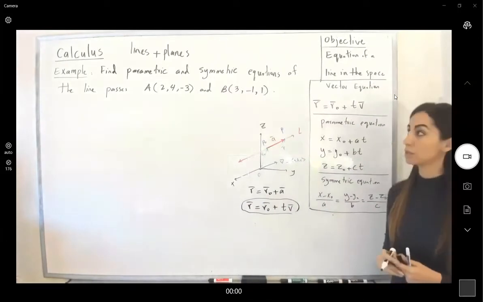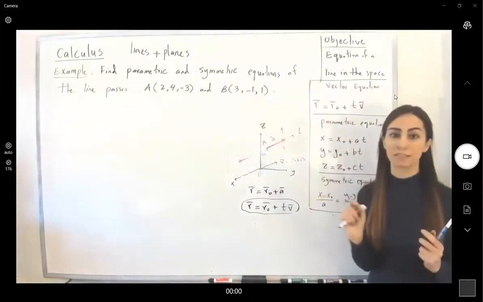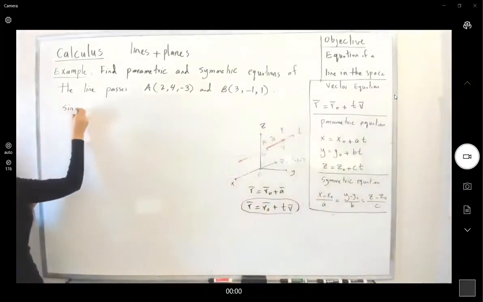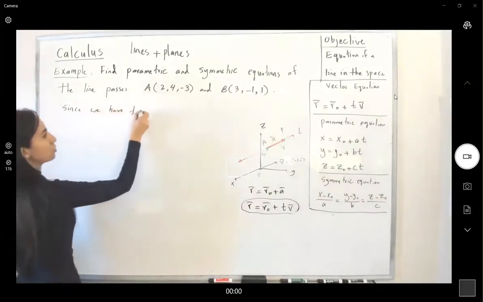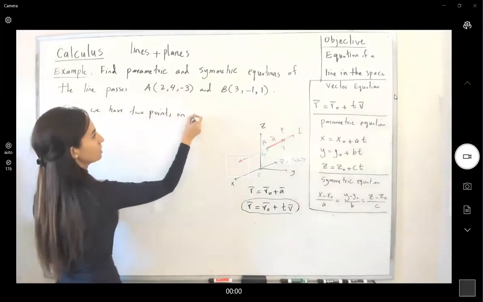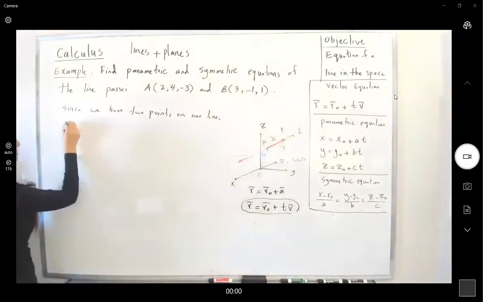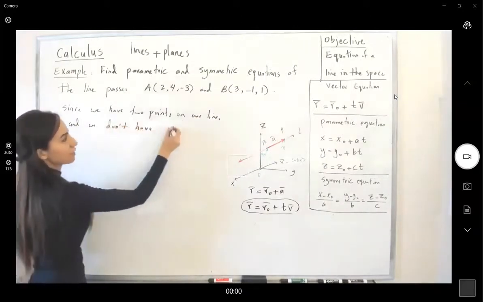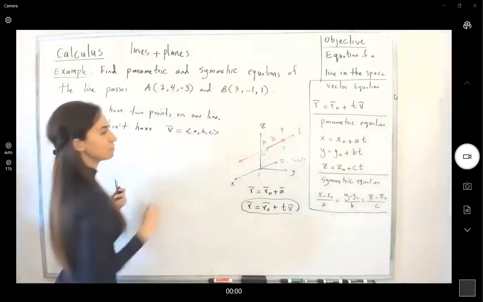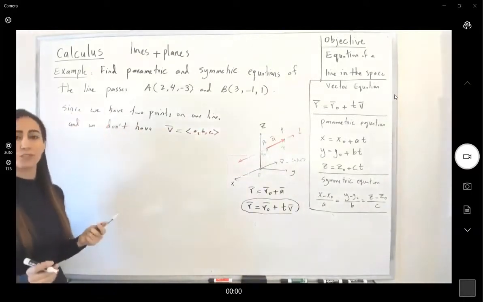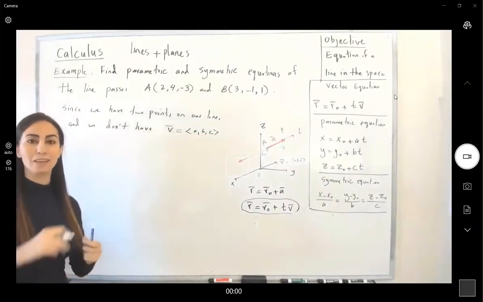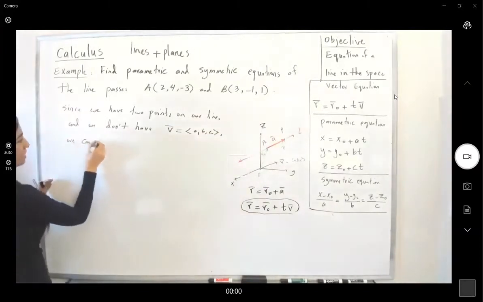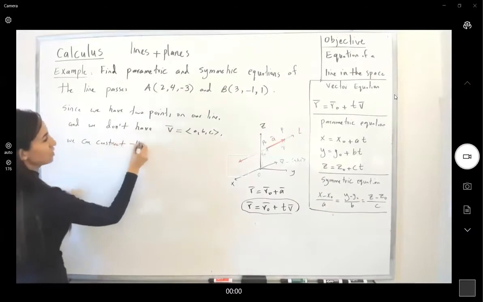So what do we have here? We have 2 points on the line, and we don't have vector v = (a, b, c). Since you have 2 points on your line, you can actually construct that direction vector.